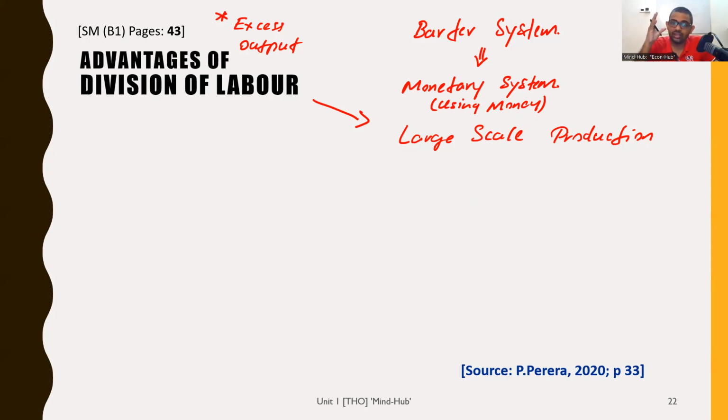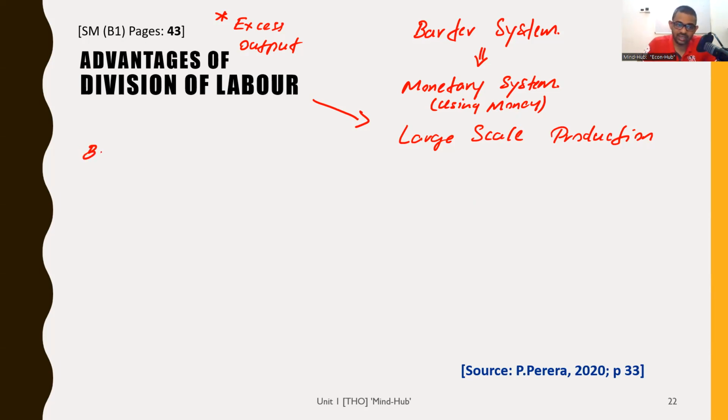The moment we go from the barter system to the monetary system, that whole limitation, that whole inconvenience, inefficiency called double coincidence of wants, and all the other problems connected to the barter system are completely removed, eliminated, and we realize now completing transactions, performing transactions is so convenient and easy that it will create a boom.